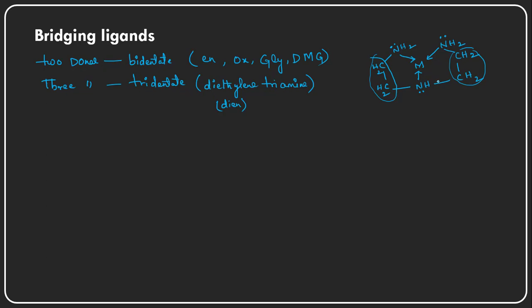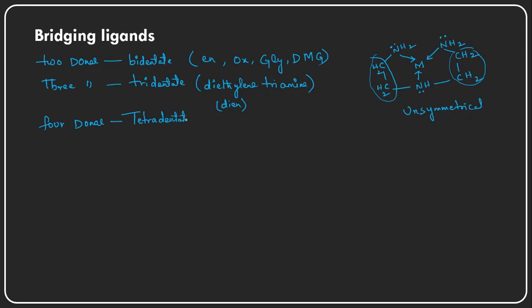This is unsymmetrical, even though it has the same type of donor atoms, right? This is the example of an unsymmetrical ligand. If four donor atoms are present, these are called tetradentate ligands, right?